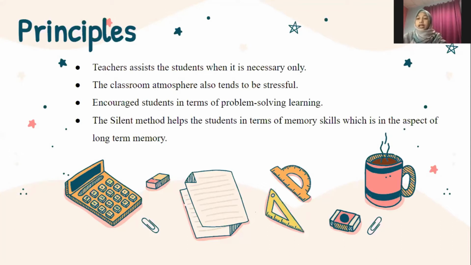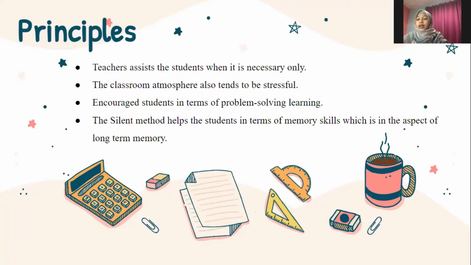Moreover, in the Silent Way, the teacher should be silent as much as possible, while the students are encouraged to produce as much language as possible. So, this method emphasizes active student participation. The teacher also should avoid praise or criticism as it can discourage students from developing self-reliance and could be stressful for the student.